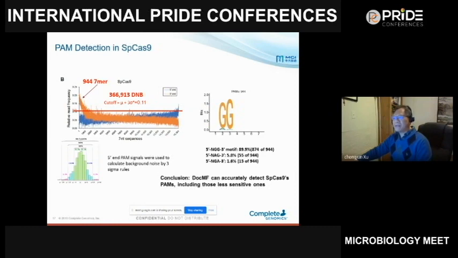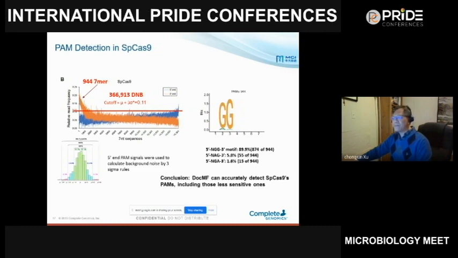But at the 3' end, we can see the frequency of the 7-mers is different. If we use a threshold here, we get 144 7-mers, which have a much higher frequency than the others. We analyzed the 144 7-mers and found that the majority contain the sequence NGG, about 90%.